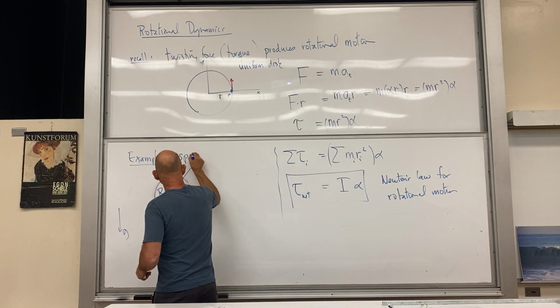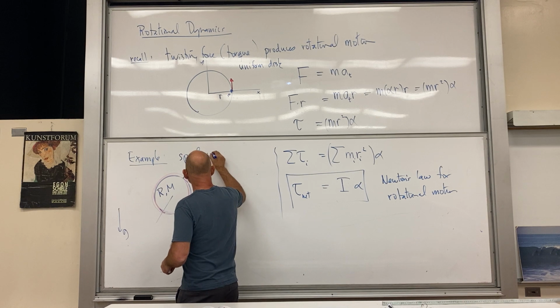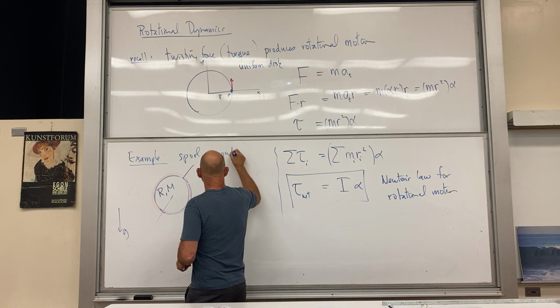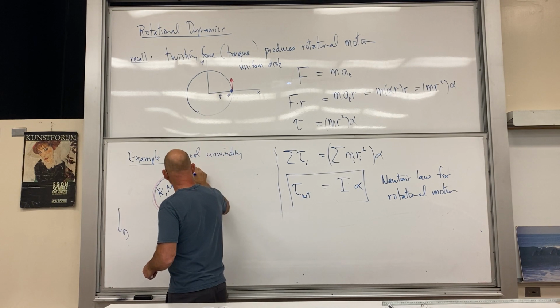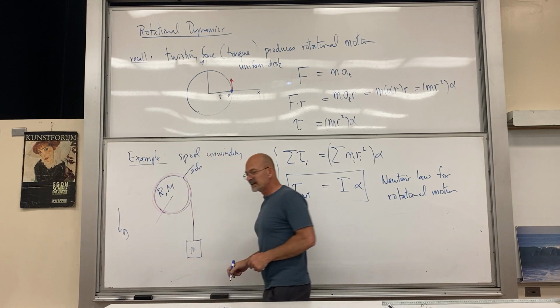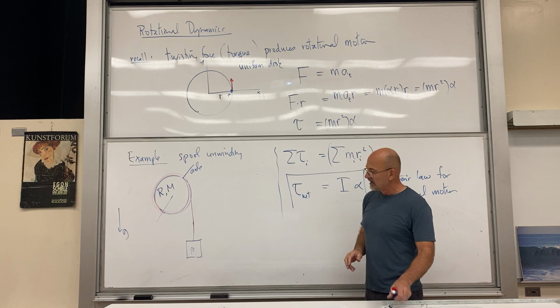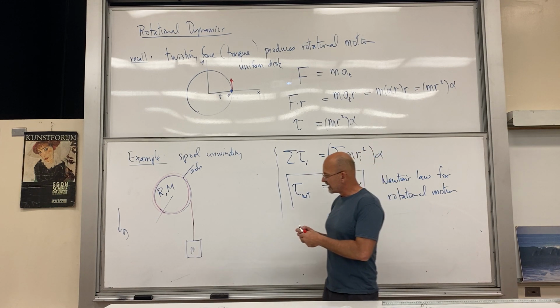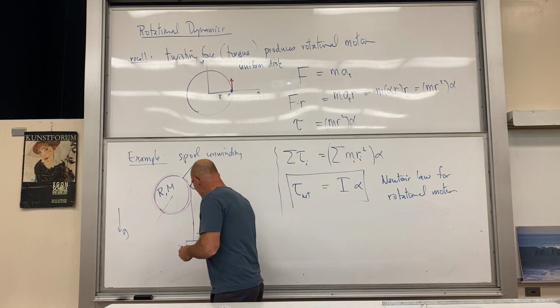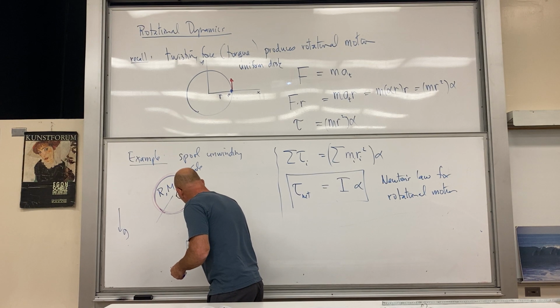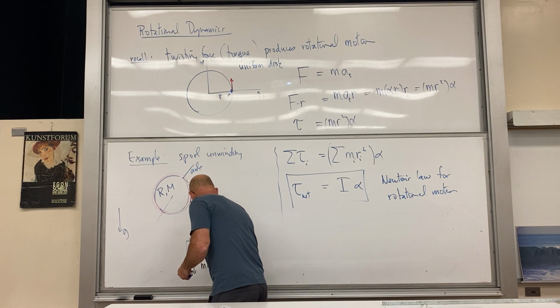So let's make sure we know: spool unwinding. There's the axle, and that's the axis of rotation. So now we want to analyze this thing. And we have two things going on now. So for the bottom mass, I have a tension and a weight.